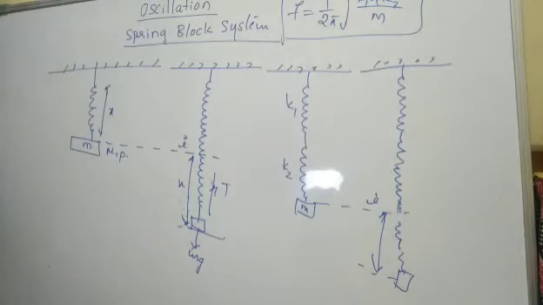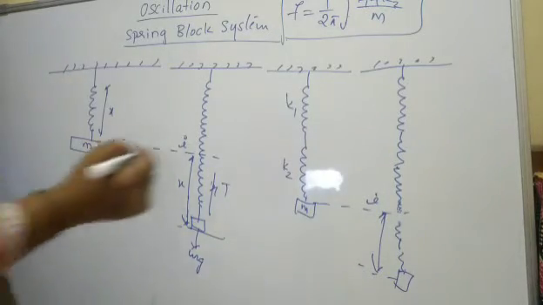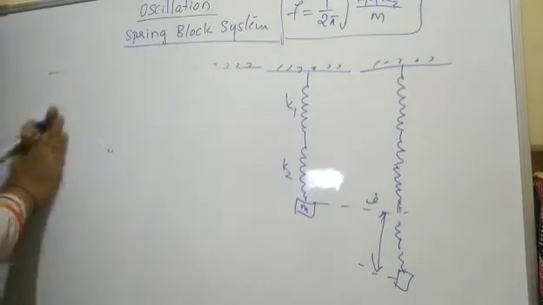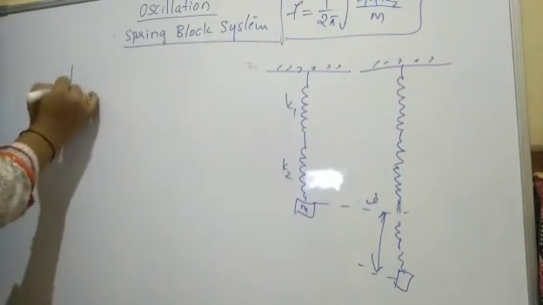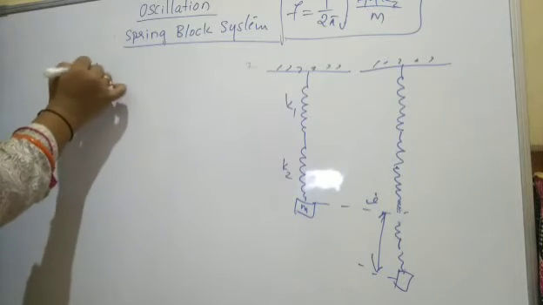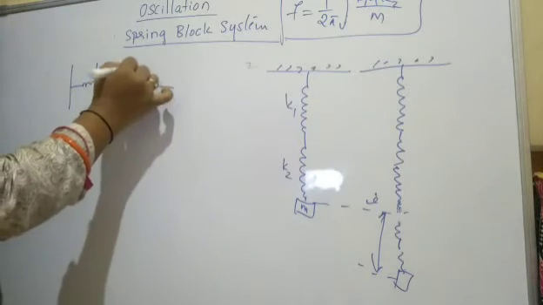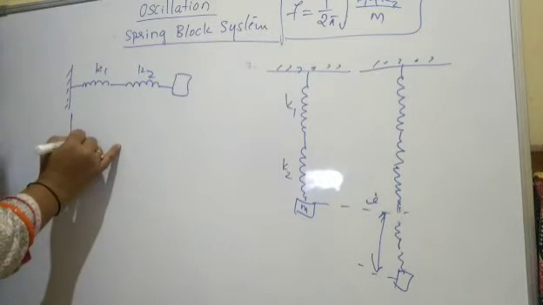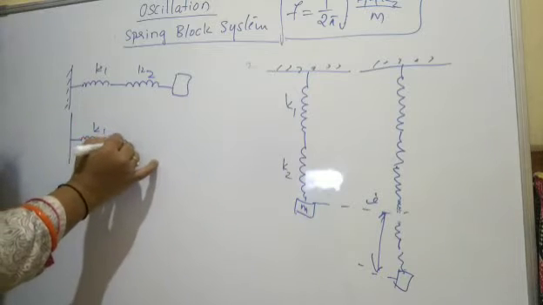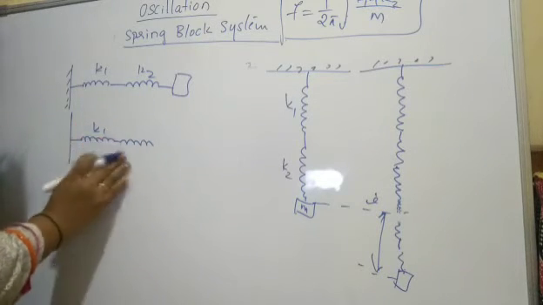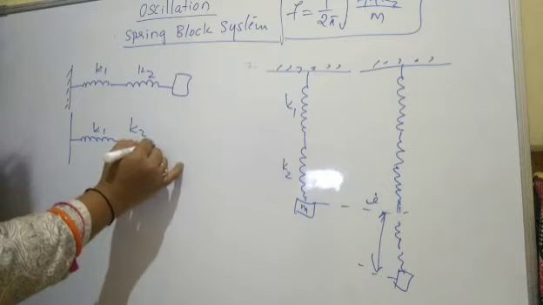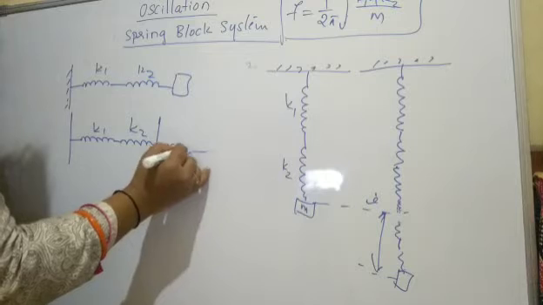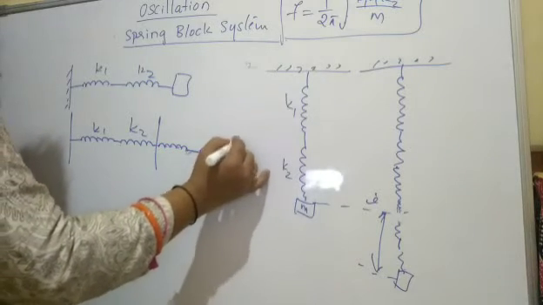When you take it into the horizontal arrangement, we have k1, k2, and the load.